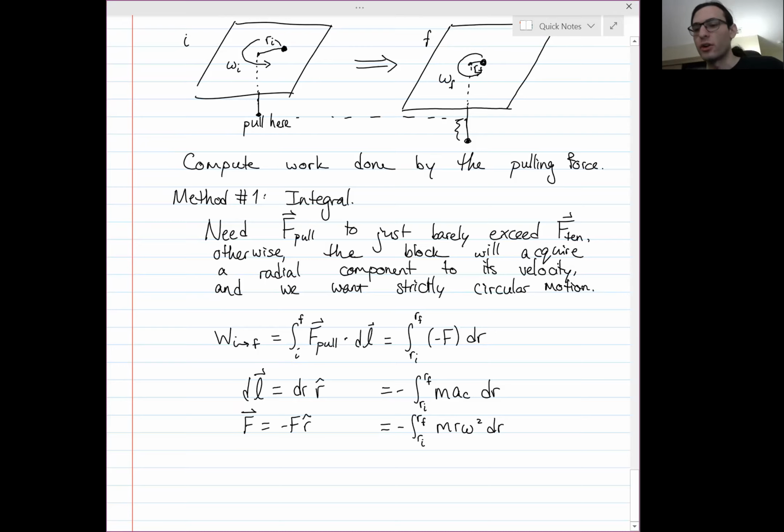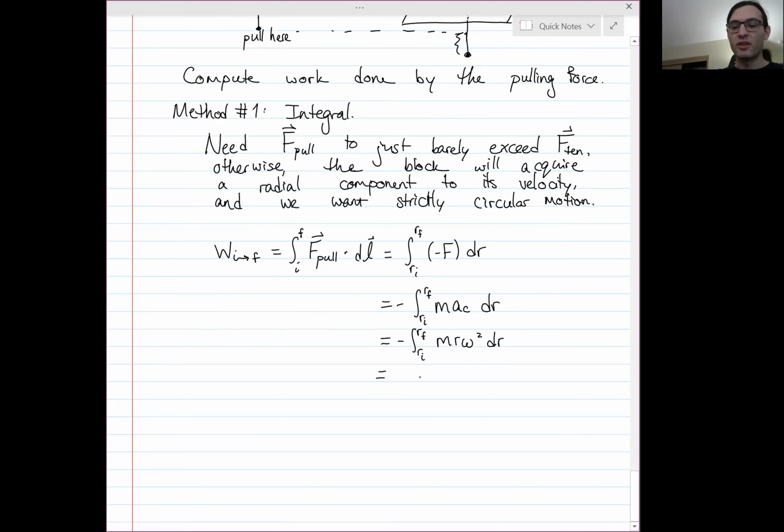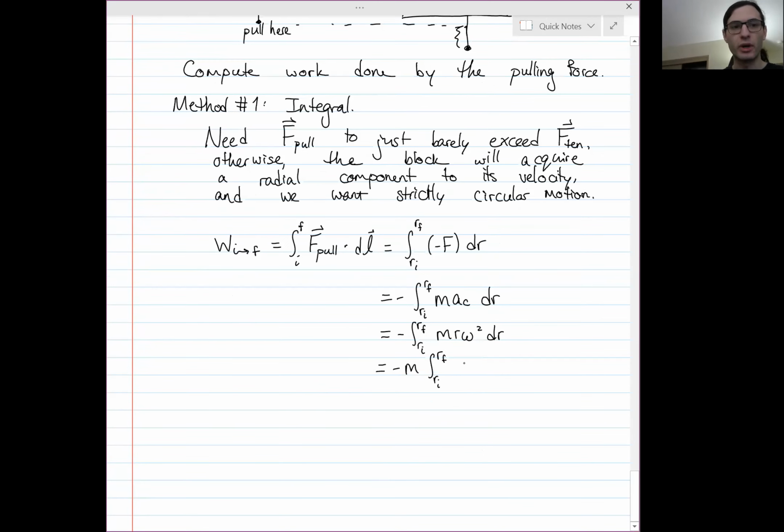So yeah, you're correct. There's a negative sign there because the force is pointing inwards, but I have the sign on the wrong term. But anyway, continuing. What we get for the work done is negative m times the integral from Ri to Rf of omega squared r dr.